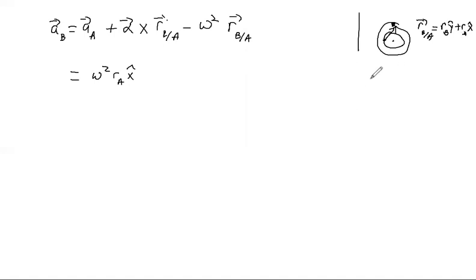If I work out alpha vector cross R_BA, that's going to be alpha times, I have z hat cross y hat, that's just going to be positive x hat.